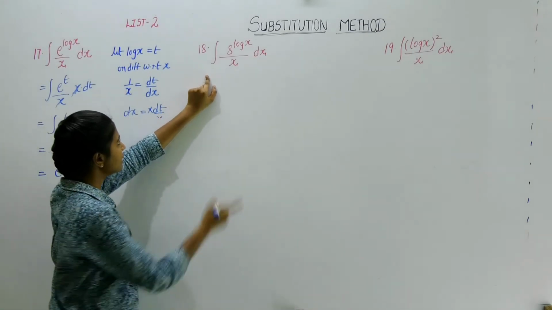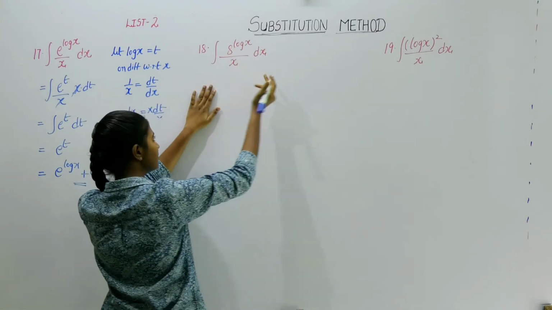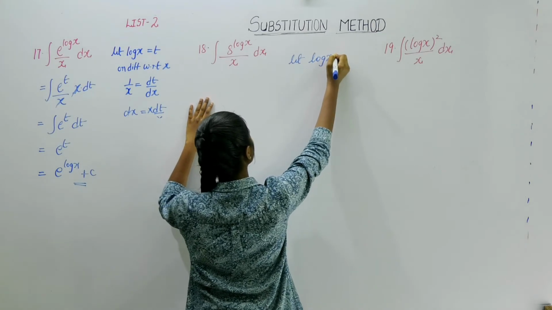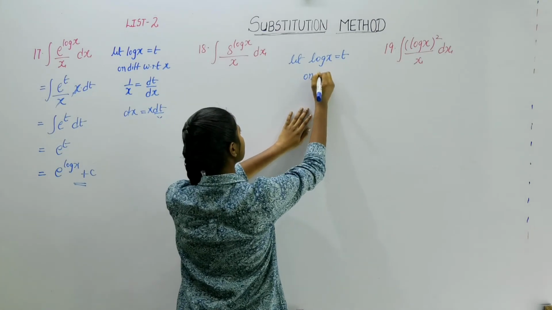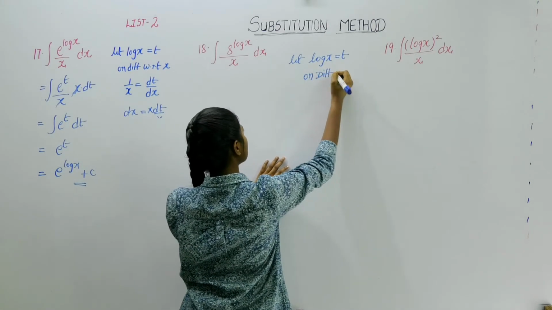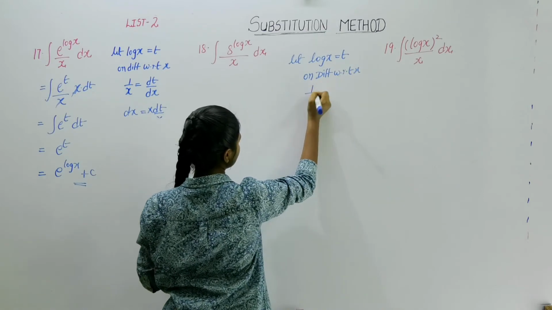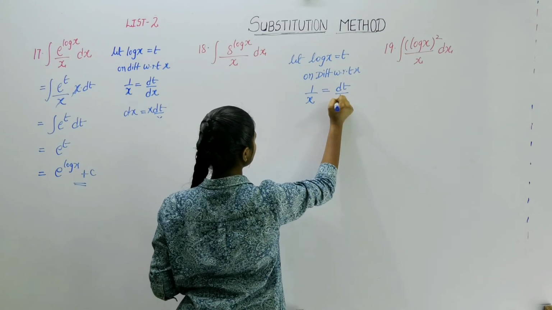Next, 18th one. Integral 8 power log x by x dx. To simplify this, let us assume log x is equal to t. On differentiating with respect to x on both the sides, we get d by dx of log x is 1 by x, and for t, dt by dx.